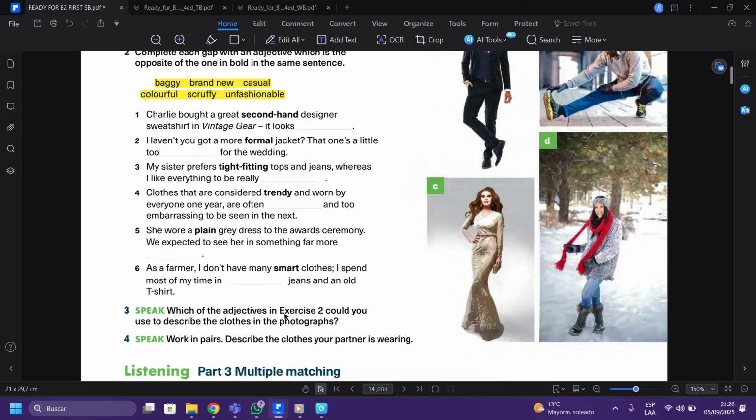For example, if I am at home, I am not in formal clothes. Of course, because at home we have to be comfortable and relaxed. Then, only when I go to my job, I use formal clothes.